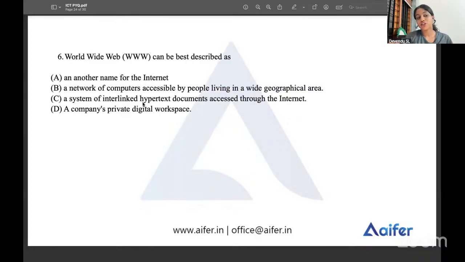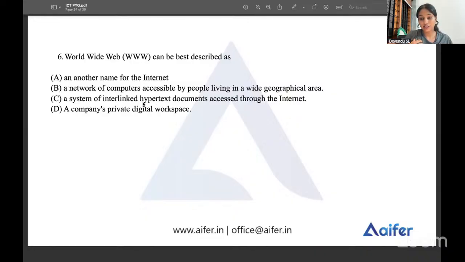Firstly, we can eliminate option A, right? Because it says another name for the internet, and like I have told you right now, the internet and WWW are entirely different. We use the internet to work with the World Wide Web.